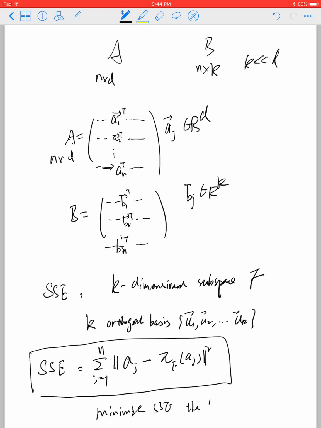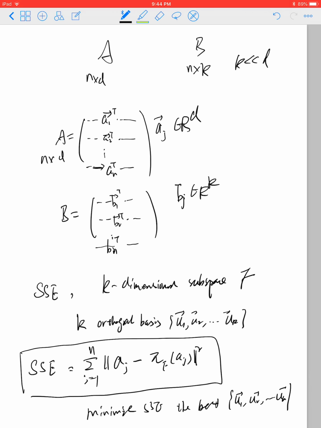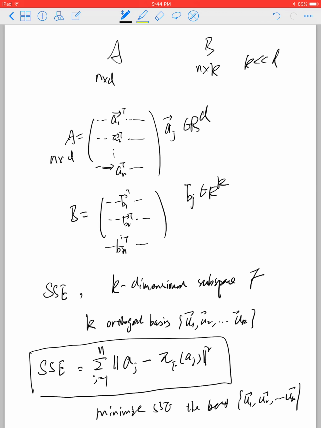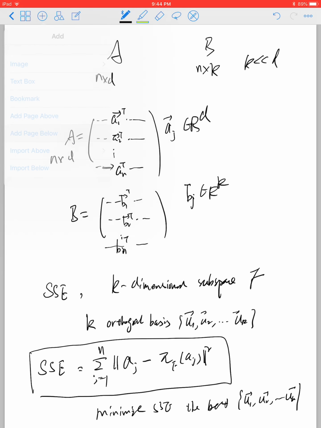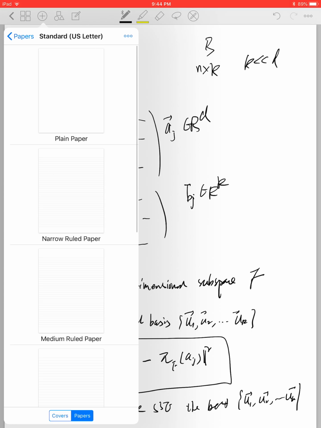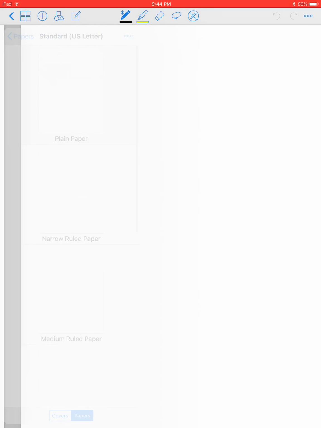And how should we do that? We previously formulated this problem as minimizing the SSE of the projection error. Basically, we want to find a k-dimensional subspace F, where F is determined by k orthogonal bases U1, U2 until Uk.